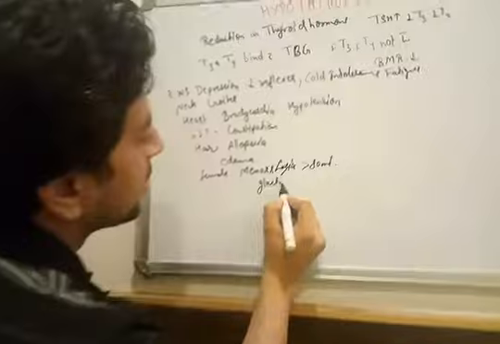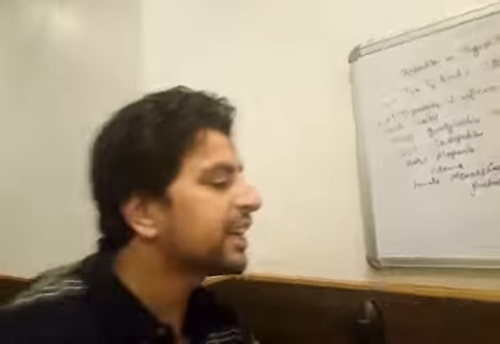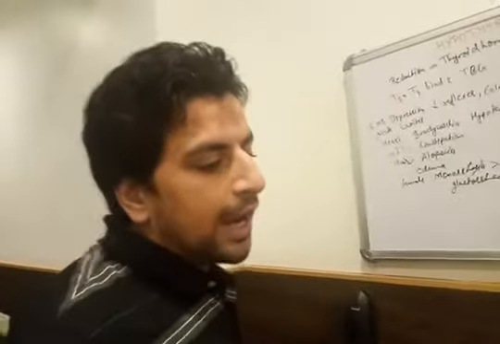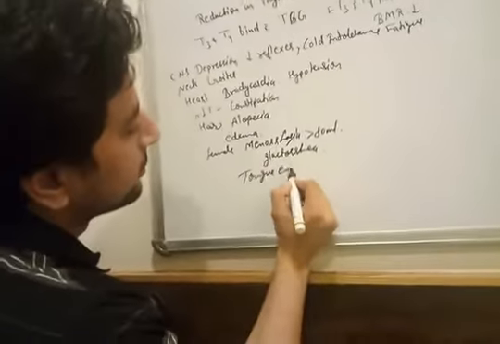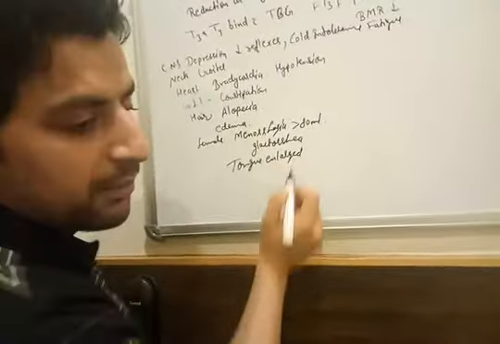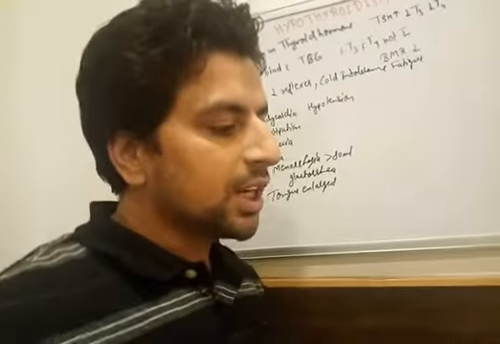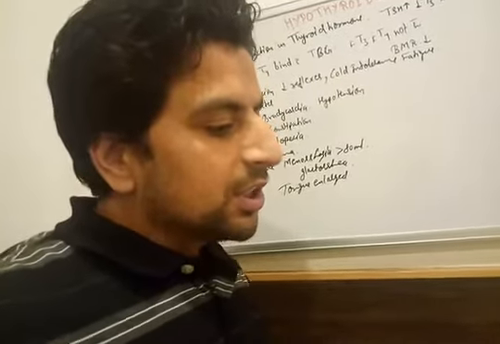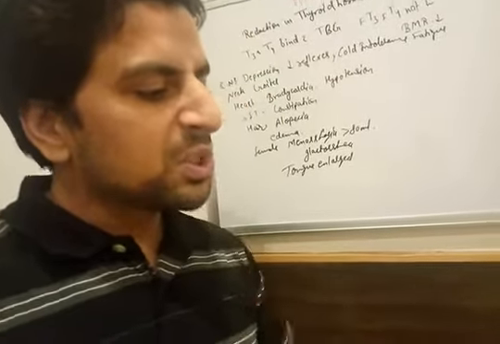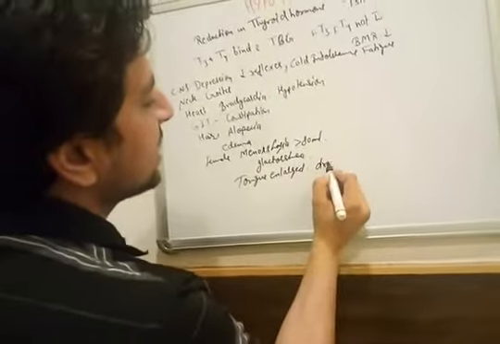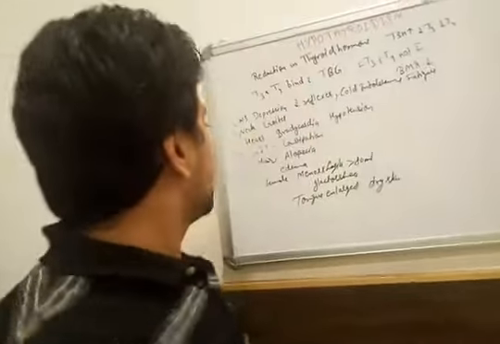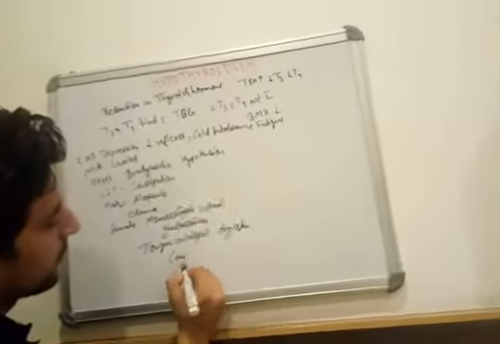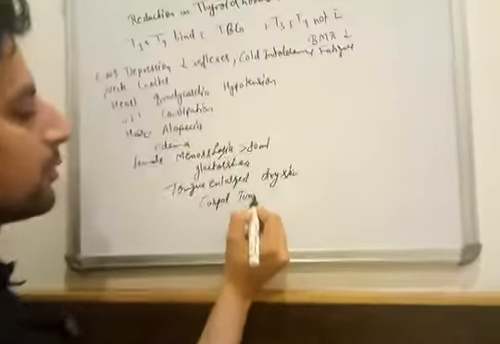Galactorrhea. These are the symptoms, my dear friends. It's very necessary to understand. And tongue enlargement occurs in hypothyroidism. You have to remember, if you see such a patient with slow reflexes, dry skin, cold intolerance, carpal tunnel syndrome.